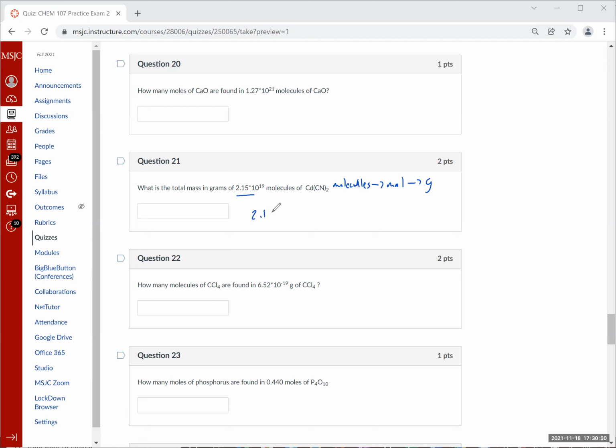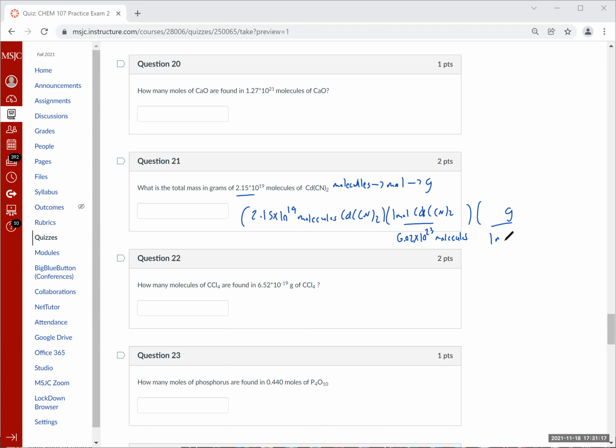So we know if we have 2.15 times 10 to the 19th molecules of cadmium cyanide, we know in 1 mole of cadmium cyanide, we have 6.02 times 10 to the 23rd molecules. Okay, and then what is the molar mass?